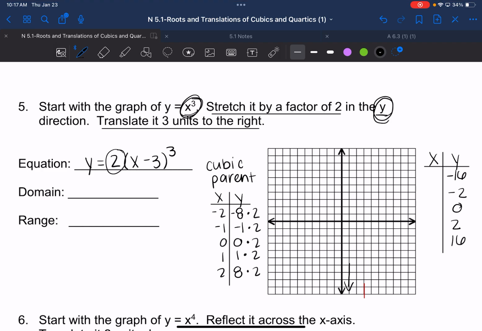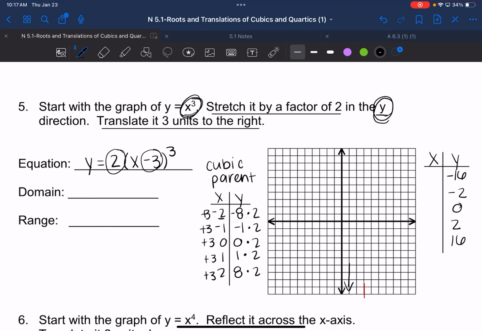All right, okay. Then it says we also shifted 3 units to the right. So if I'm at -2, and I move 3 spots to the right, where do I end up? 1. So what do you do to get from -2 to 1? Add 3. Okay, so we're going to go and add 3 to all of our x values, right?